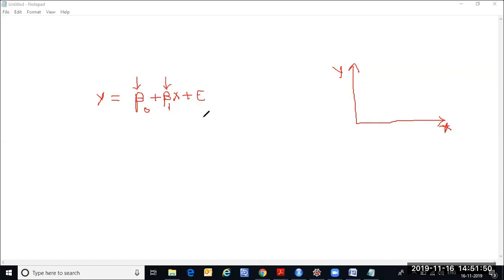And what is this epsilon, friends? Epsilon is nothing but the error. See, we are predicting a value. We are predicting the value of y based on the intercept, coefficient of x and x value.